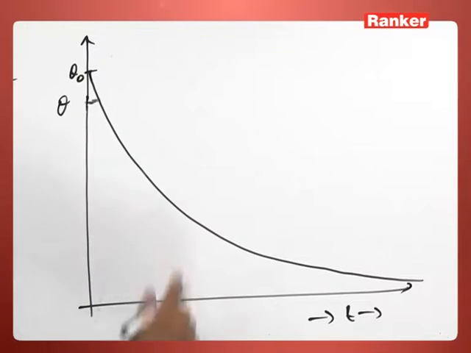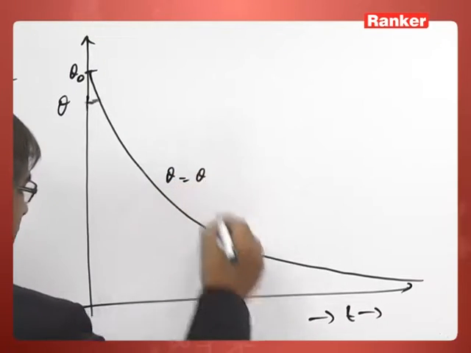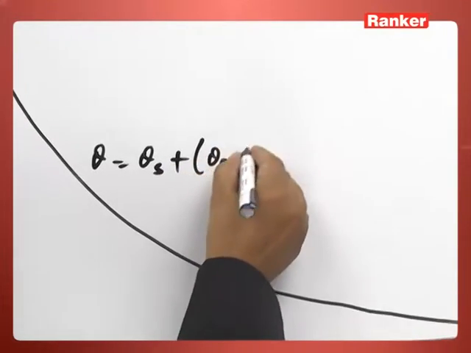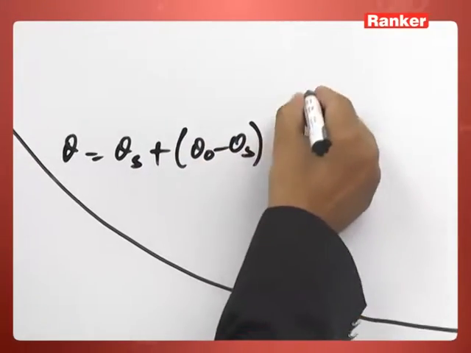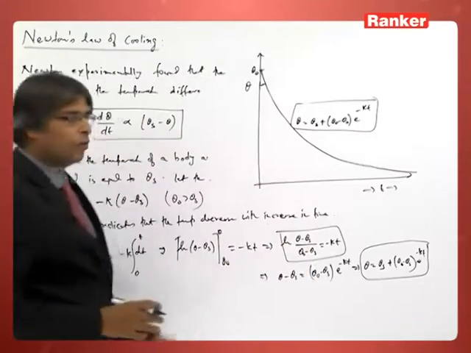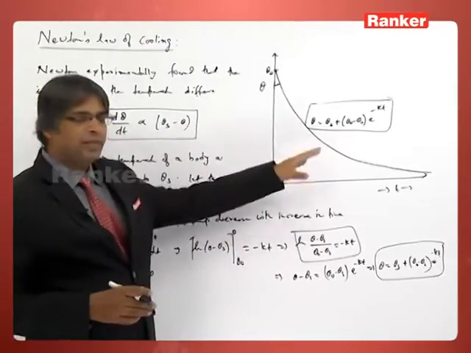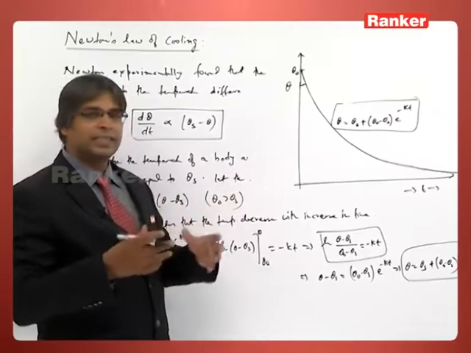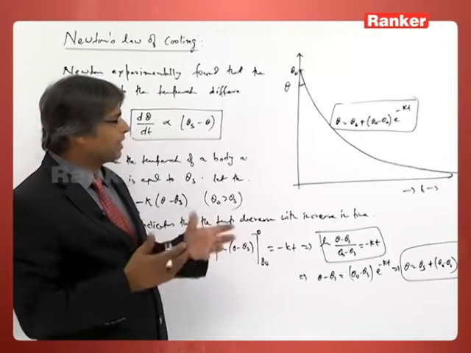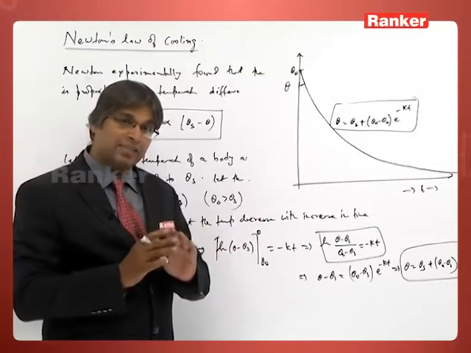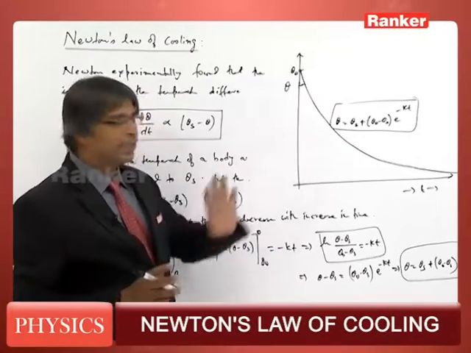This is an exponential curve, theta s plus (theta naught minus theta s) e raised to minus kt. This is how the temperature of a hot body varies with time when we assume that the energy is lost by radiation or natural convection.